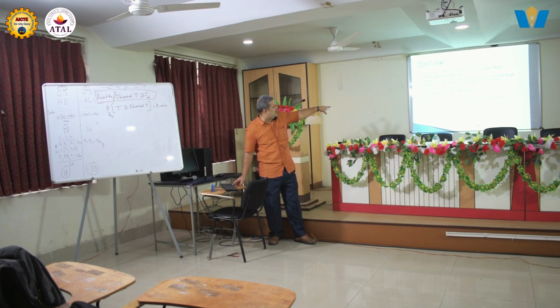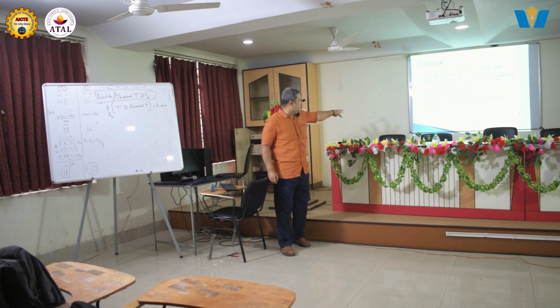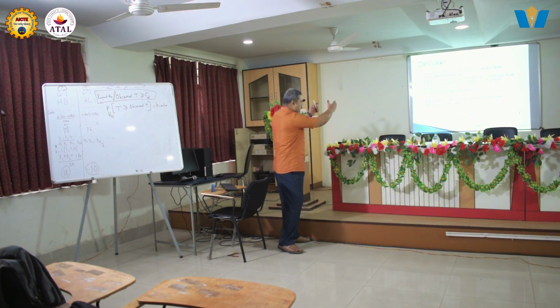You can write that if p-value is less than 0.05, the test is significant, the effect is significant. The p-value ranges from 0 to 1. If it is greater than 0.05, do not reject H0.